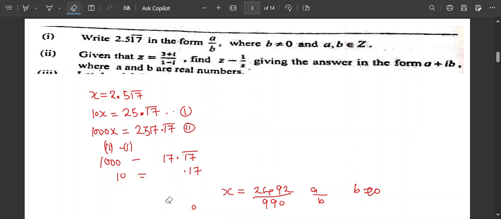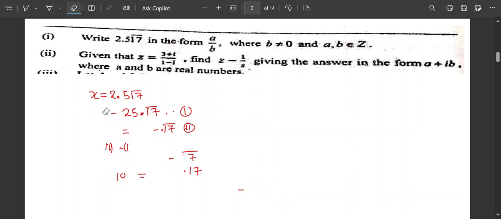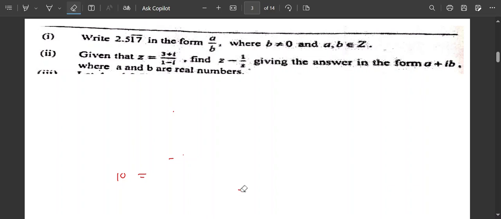All right, so now we'll go to the other one, where we are told to show something. It's a complex number. How do we do this one?